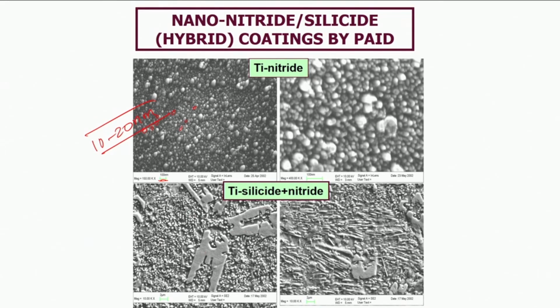This also gives you a very exciting possibility of having pre-alloyed surfaces which contain certain silicides, and in addition to silicides, you can also create nitrides through this plasma immersion ion implantation. All these results are published, and I'm sure you can refer to the literature and see these for yourself.